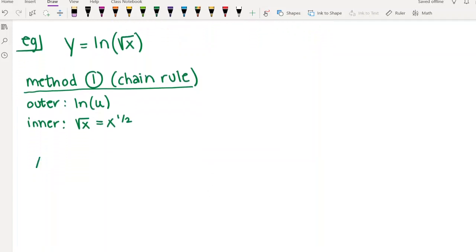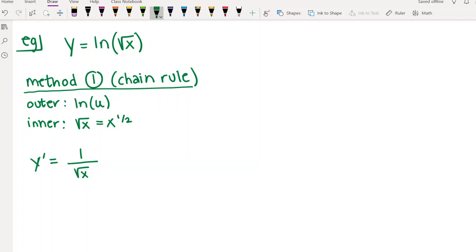So using the chain rule, the first part of our derivative would be 1 over square root of x, right? Because the derivative of ln is 1 over x. In this case, it would be 1 over u, and then the actual input is square root of x. So we end up with 1 over square root of x.